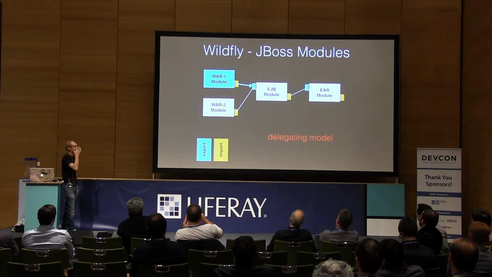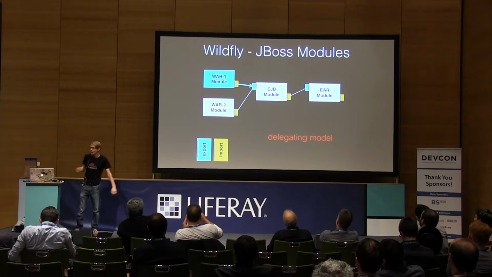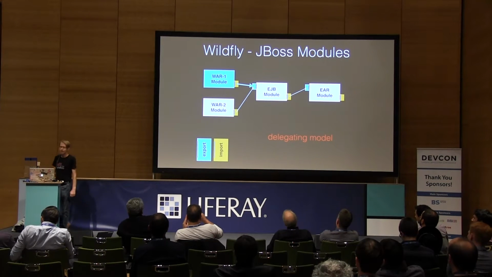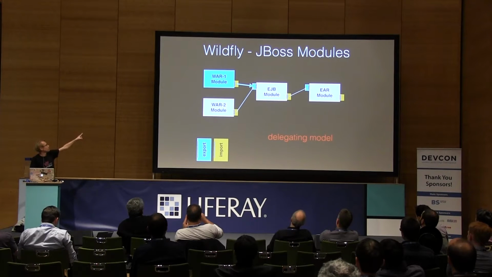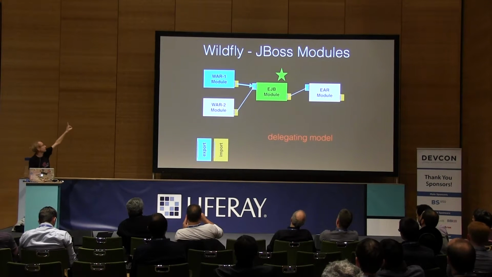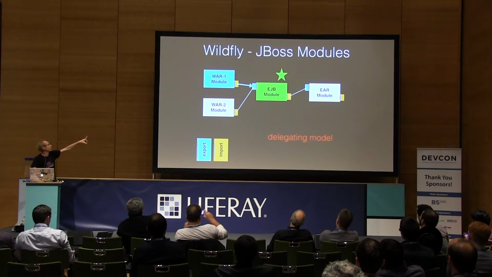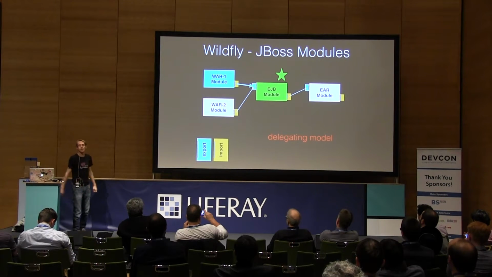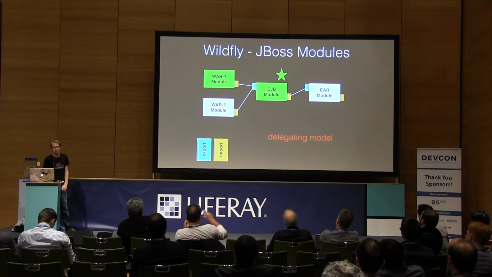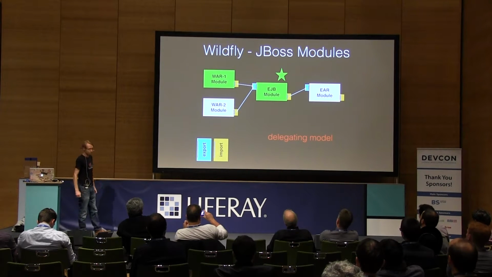We assume war1 tries to load the myEJB. It first delegates to the EJB module. It doesn't delegate to a parent. No, it delegates to a different module. The EJB module says, yeah, it's there, and passes it back. That's also true for the war2 module.